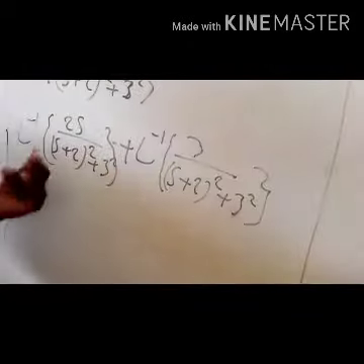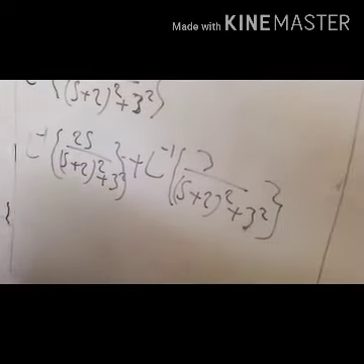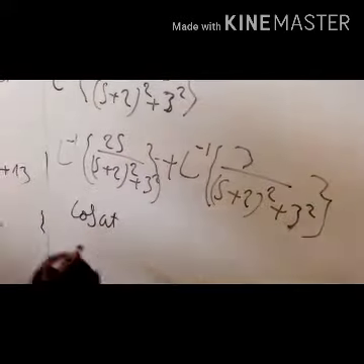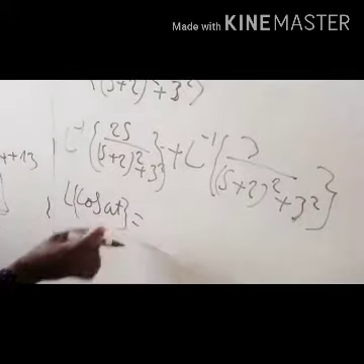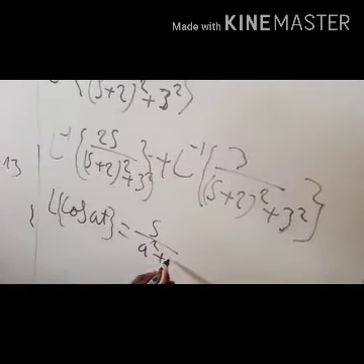Compare it with this form, the form which we have, s plus 2. We know that this is a cosine. The Laplace transform of cosine of bt is equal to s over s squared plus b squared.